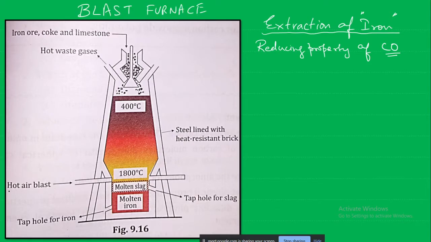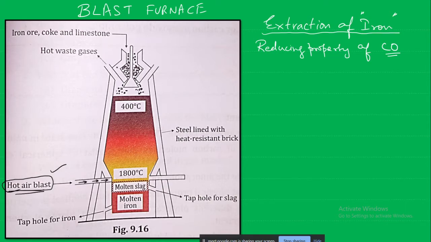There is the hot air blast. Okay. So here what happens is hot air is blasted through it. That means jets of hot air are passed through. Okay. So in this design, because the heat is applied in the form of a hot air blast, the name is blast furnace.